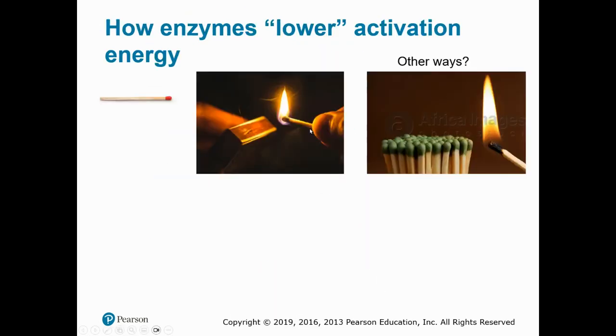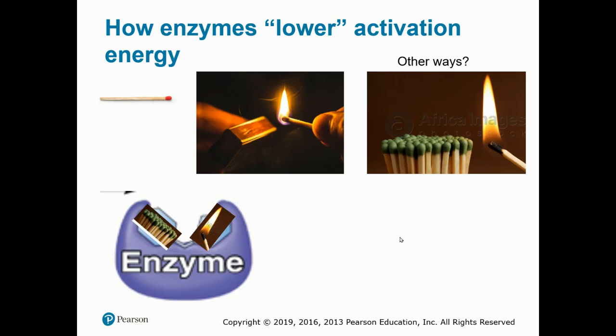Now, anybody who's my age, who played with matches when we were little, knows there are other ways to light a match, right? You don't have to necessarily strike it and create the heat. You can bring another match close to it and you have the same effect. And that's essentially what an enzyme does.